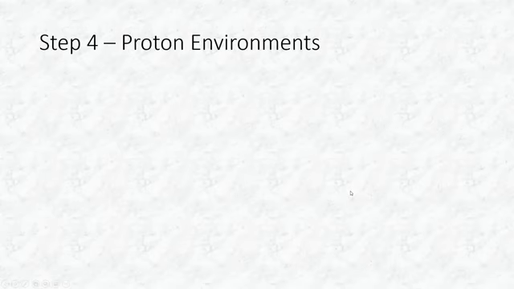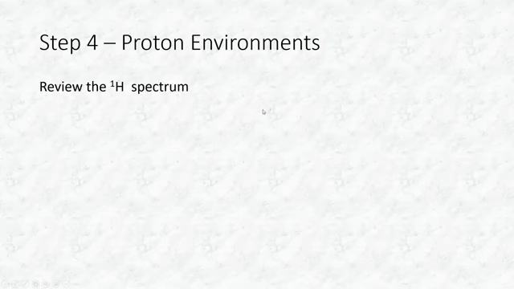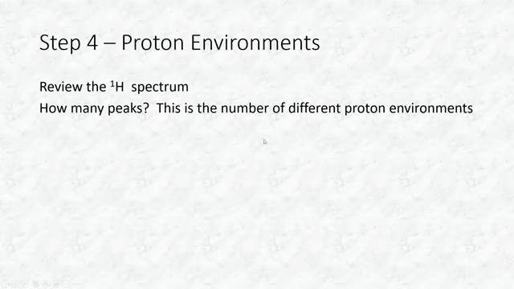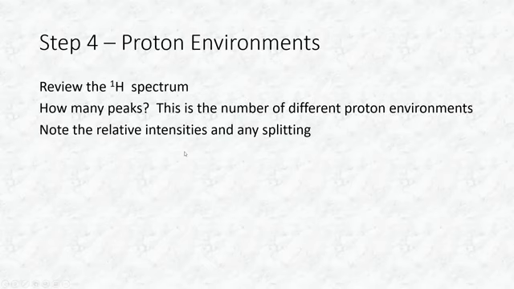Step 4 is similar, but we're looking at protons now. So this is the hydrogen atoms within our compound, the protons. And so we're going to review the proton NMR spectrum that we're given in the question. Again, we're looking at how many peaks, and this is telling us the number of different proton environments, the number of chemically different proton types there are within the molecule. And we're going to note the relative intensities and any splitting information we're given in the question, because again, relative intensities will give us an idea of the ratio of how many hydrogens are in each of the environments.